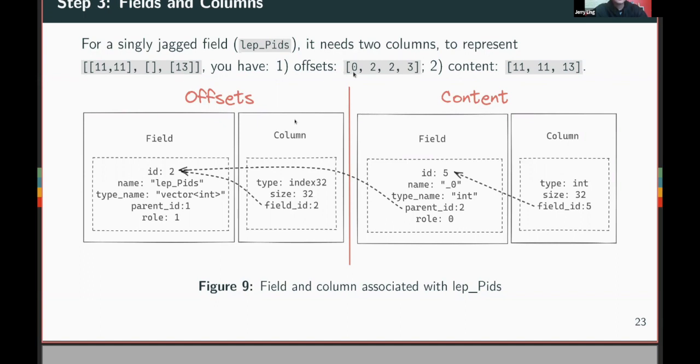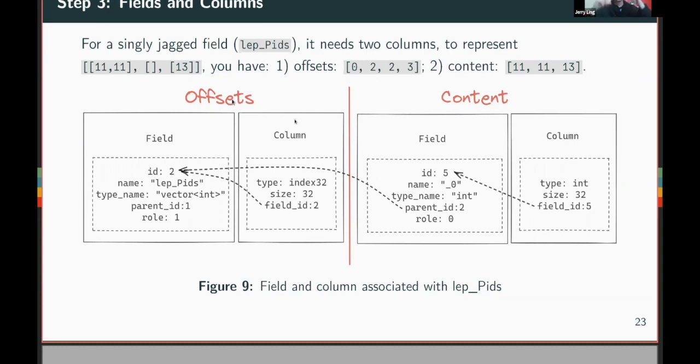The offset column of this array would be 0, 2, 2, 3, and the content would be just the content concatenated together. The way to interpret it is that the first element is 0 to 2, which is 2 entries. The second element is 2 to 2, which has no element, and the last element is 2 to 3, which has 1 element.